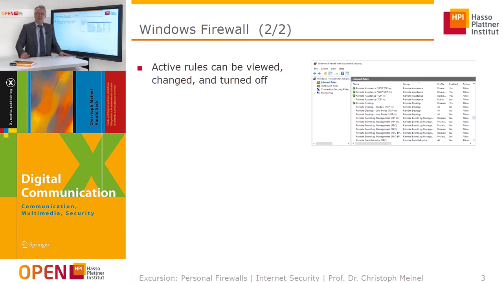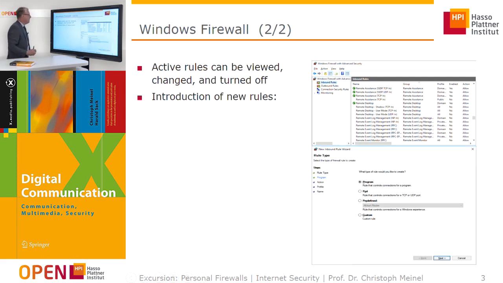The active rules which are installed in your Windows Firewall can be viewed and also can be changed and could even be turned off. Here you see a screenshot which also allows you to introduce new own rules.